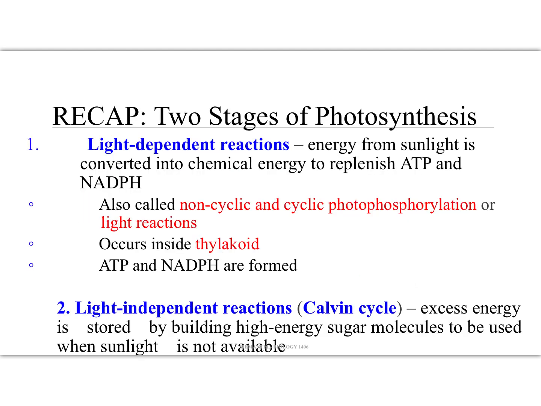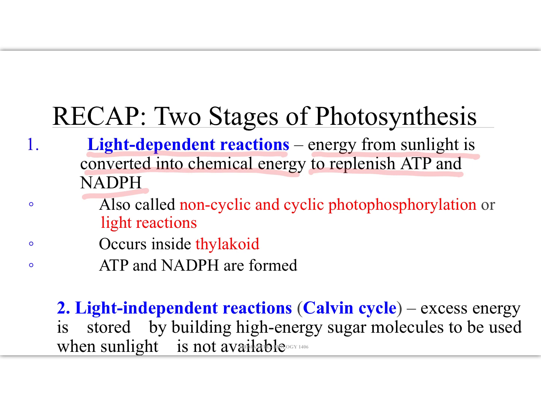Okay, so let's go through a quick recap of the 2 stages of photosynthesis. So keep in mind that they're broken up into the light-dependent reactions and the light-independent reactions. So my light-dependent reactions are going to use energy from the sun to convert and make chemical energy, pretty much. And in doing so, it makes ATP and NADPH so that we can actually make our glucose later on.